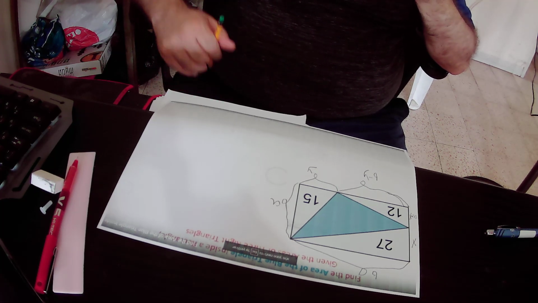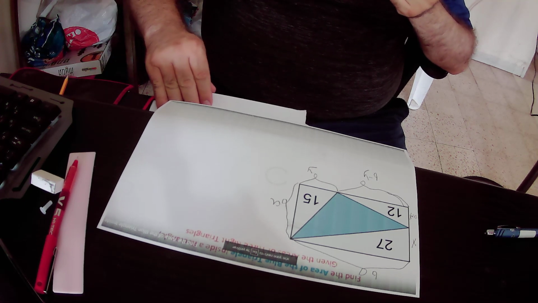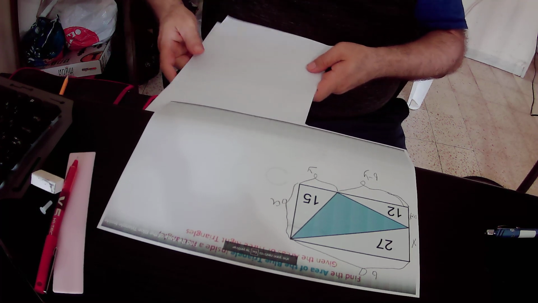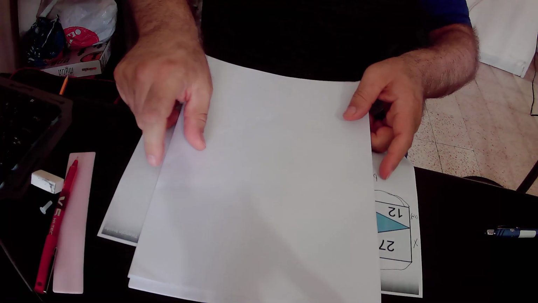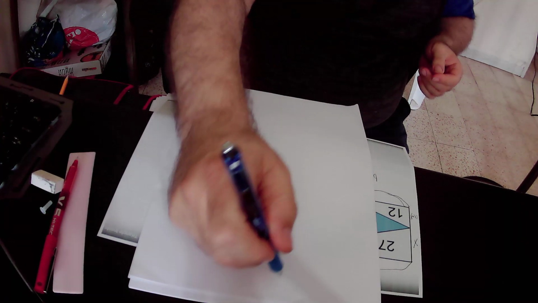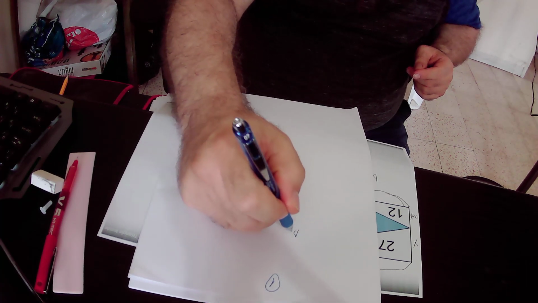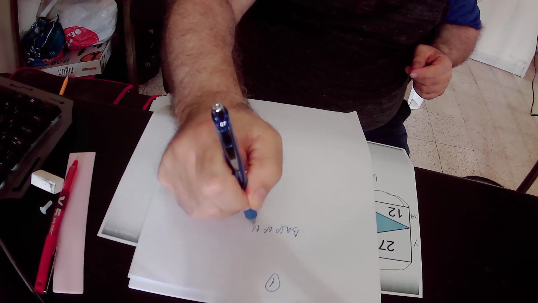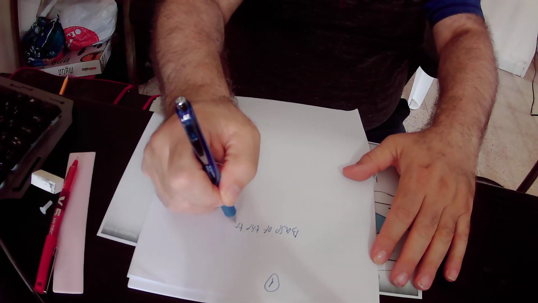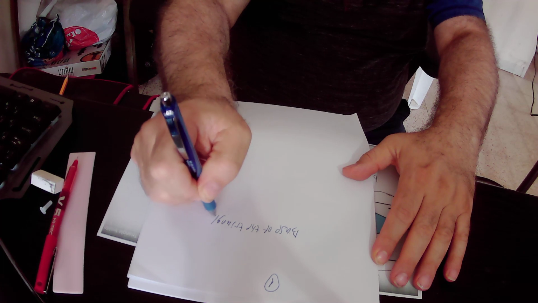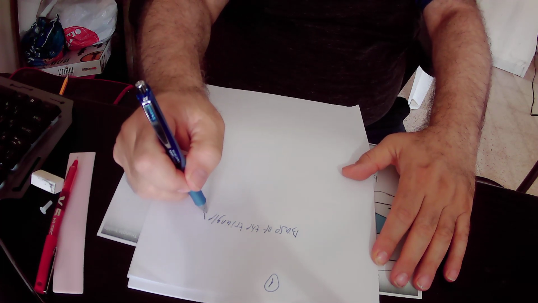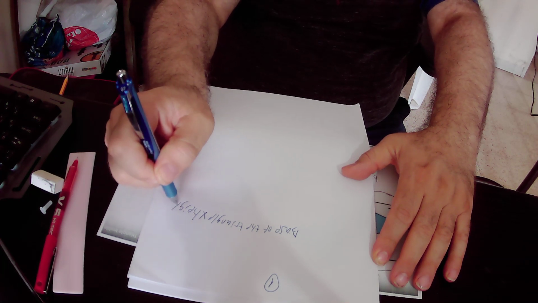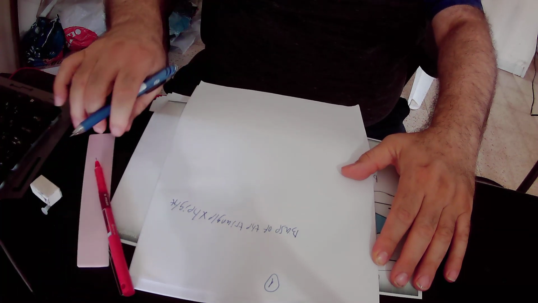Okay, so we know that the formula for the area of a triangle is the base of the triangle times its height, all divided by 2.